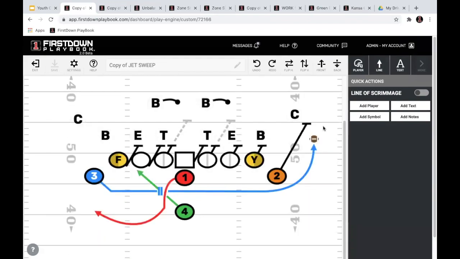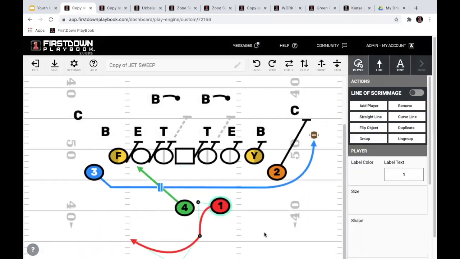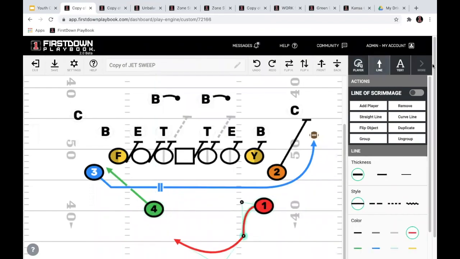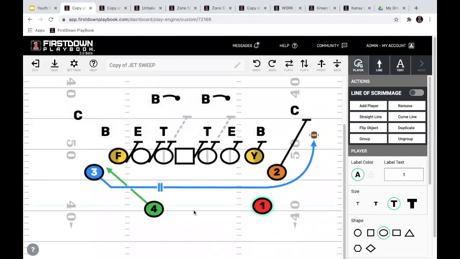So if I was in the double wing, I think what you're asking is what type of backfield action would you use. It's a good question, because if you're in a double wing, you could really do it almost like them. I'm not saying you'll do it exactly like them, but one way would be to put your back here.